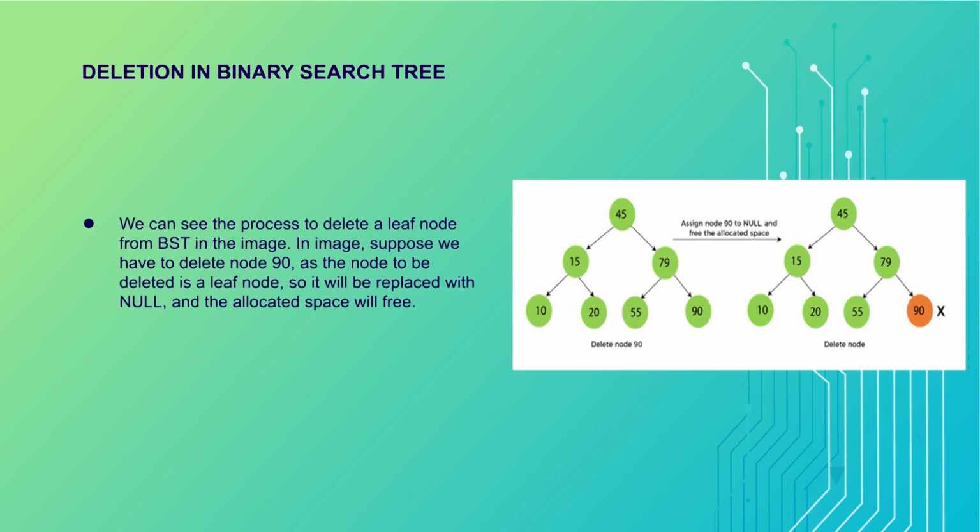In the image, suppose we have to delete node 90, as the node to be deleted is a leaf node. First you have to cross-check whether your deleting item is a leaf node or not. Here 90 is a leaf node because 90 doesn't produce any child. So, it will be replaced with null and the allocated space will be freed.